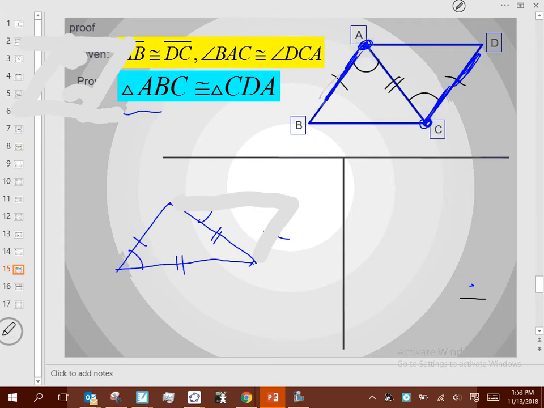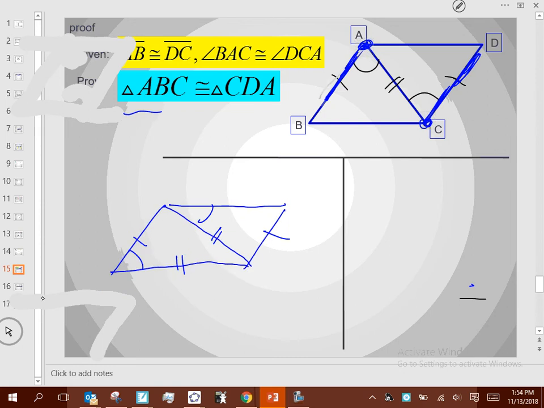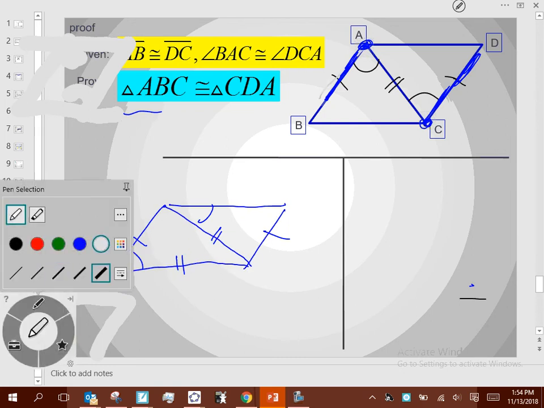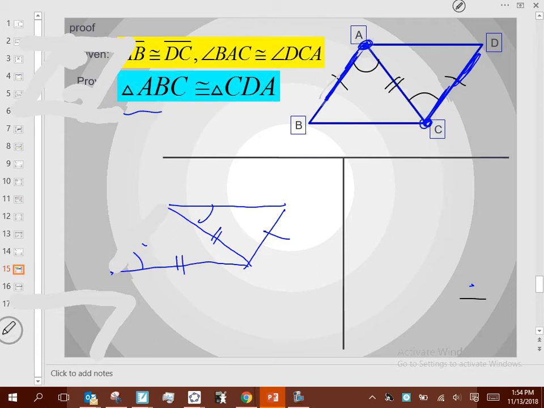Okay. You also have maybe side, side, side, don't you? And that's one thing that does happen, is that you can start to see with two triangles, you've got more than one way of proving the congruence. So let's just focus on the side, angle, side. If these two triangles are going to be congruent, guys, then when I look at that other triangle, I got to have the same parts in the same order.